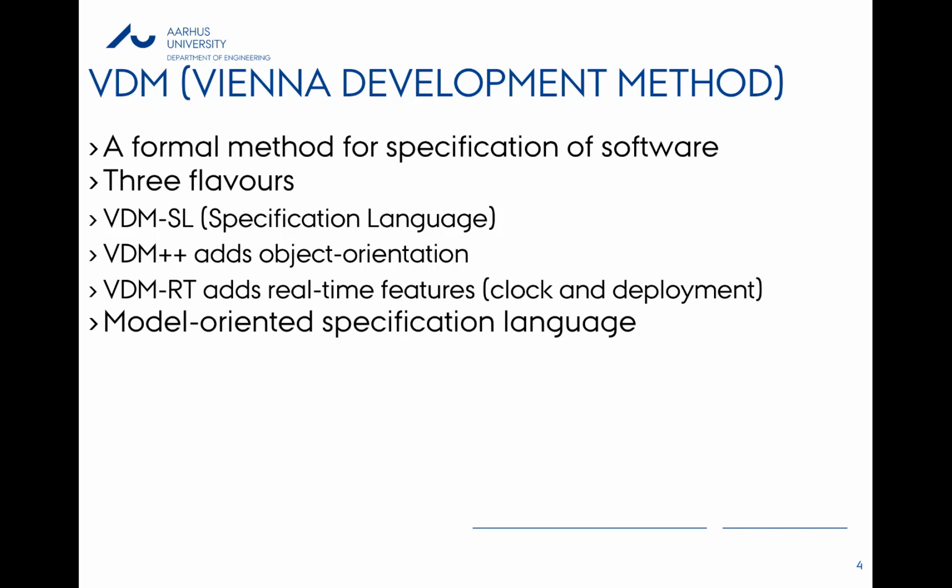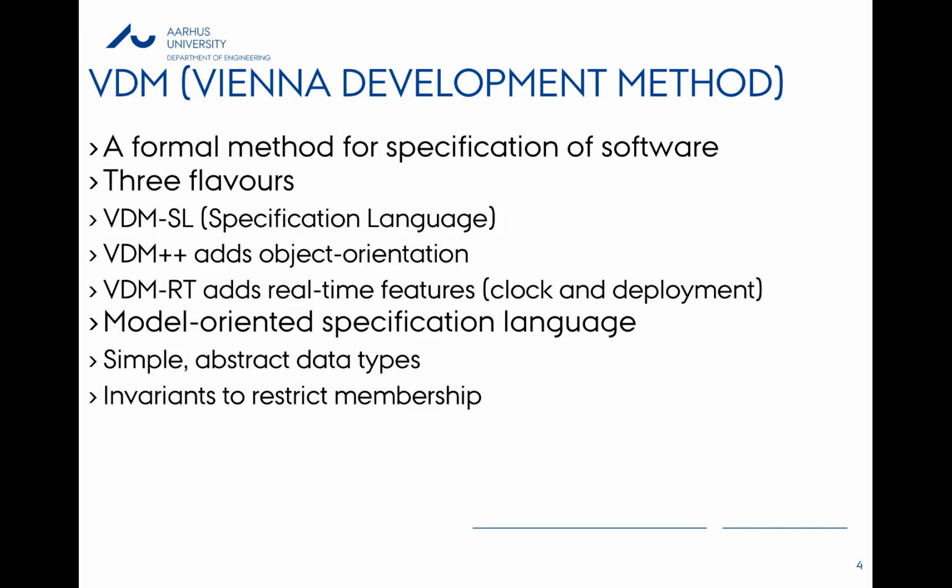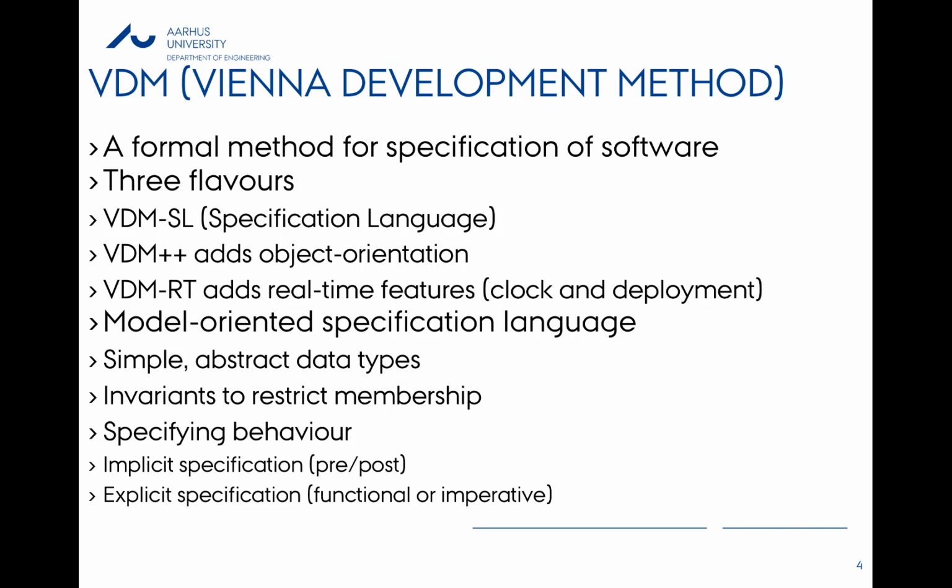And if you look at the specification language, it's model-oriented. It means that we have simple abstract data types. We have invariants that can restrict the memberships that we would like to have for our types. We have two ways of specifying behavior, either implicit style, pre-post, so what should hold before some operation or function, and what should hold afterwards.